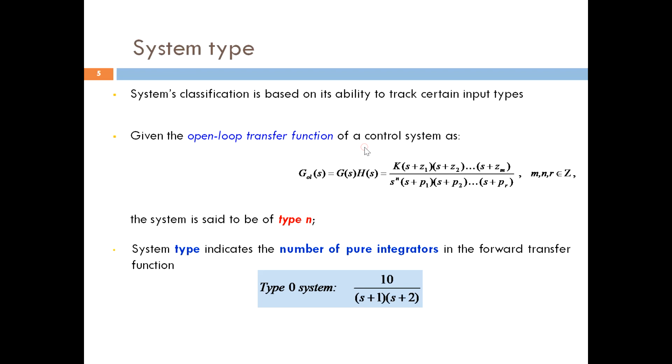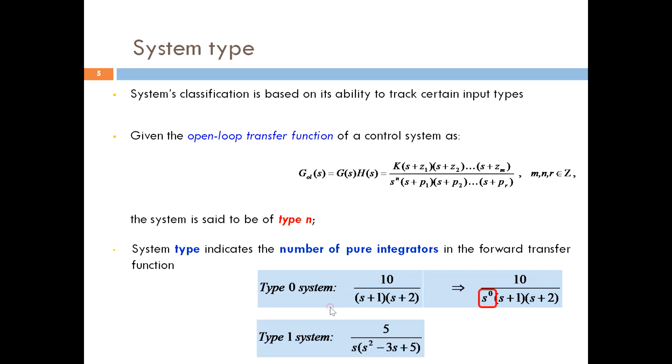Okay, so to give an example, here is a transfer function, and we say this is a type 0 system because it does not have any power of s in the denominator. We could also represent it this way to show that this system is type 0, because anything to the power of 0 is 1. Then we've got an example of a type 1 system.